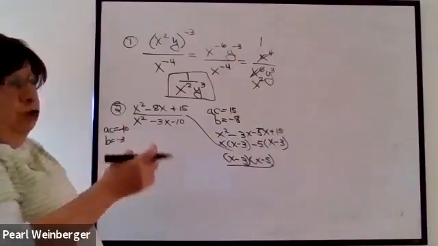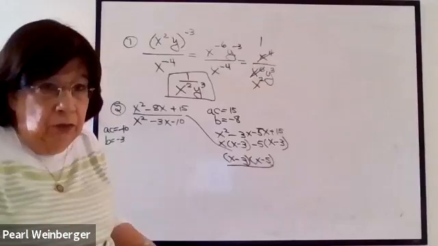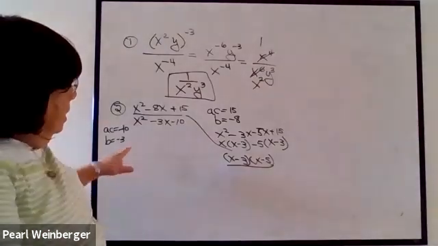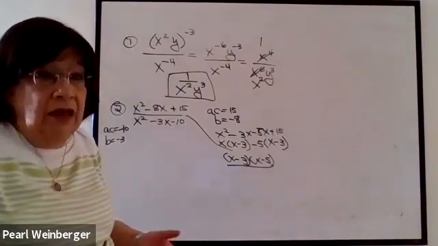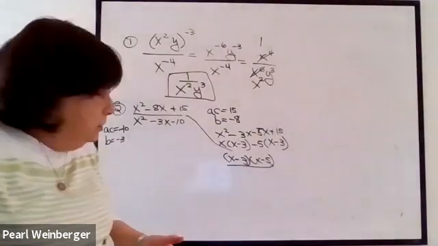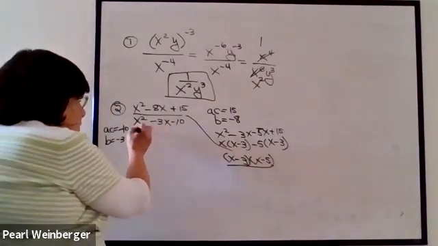So we're looking for two numbers that are going to multiply to -10, which means obviously one is positive and one is negative. And when we combine them, we're going to get -3. So obviously that's a -5 and a +2. I think that you could have done in your head as well.